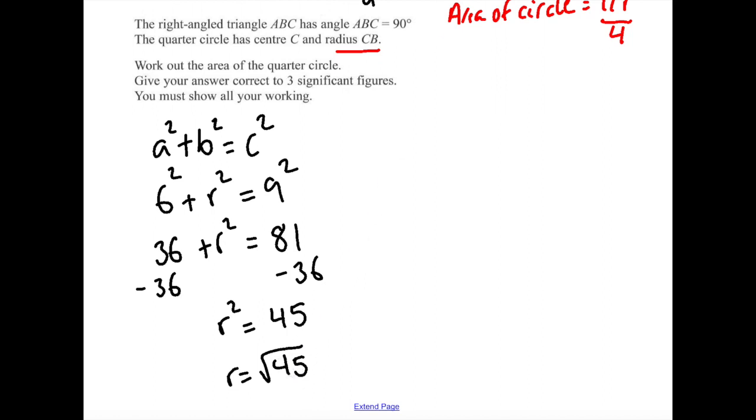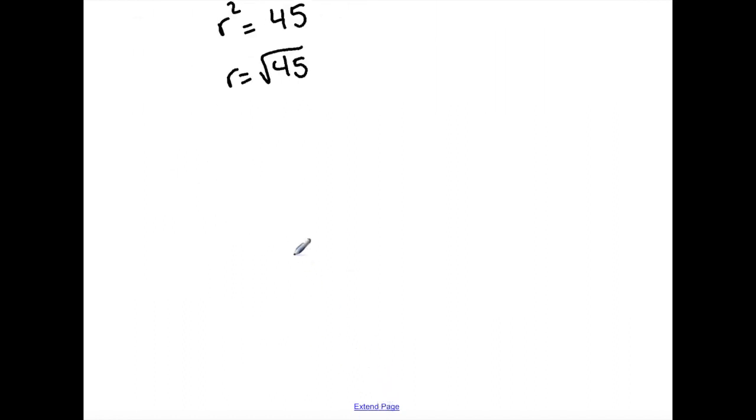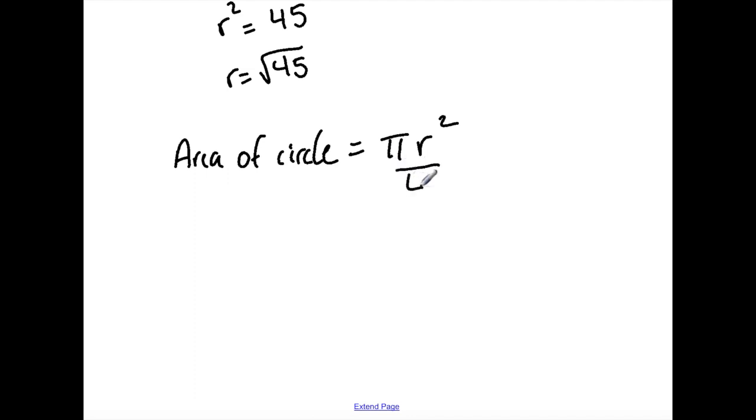Once we found the value of r, we can plug it into the area of the circle. So, as I mentioned earlier on, area of circle is equal to pi r squared. And due to the reason that we need a quarter of the area of a circle, I'm going to divide it by 4. Now I'm going to plug in the value r into this equation.